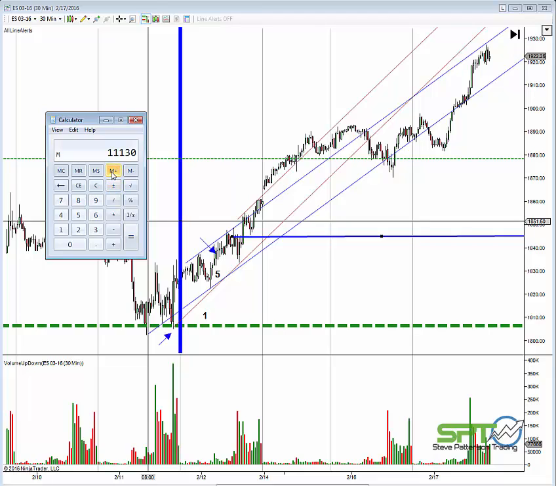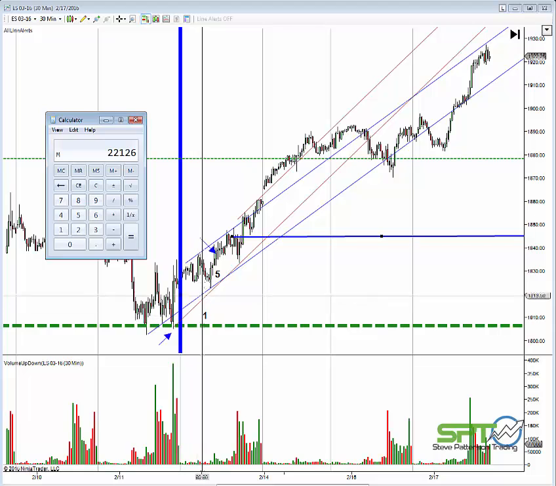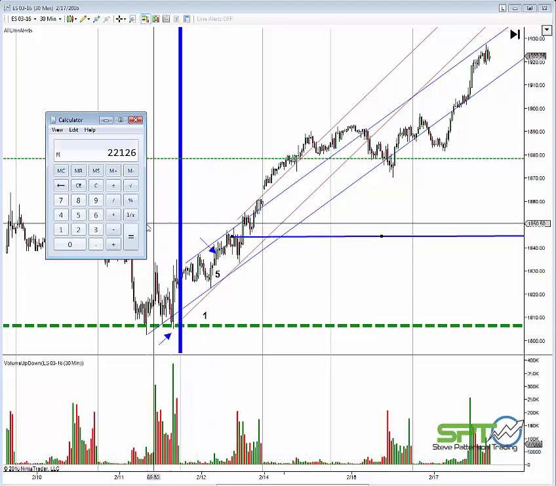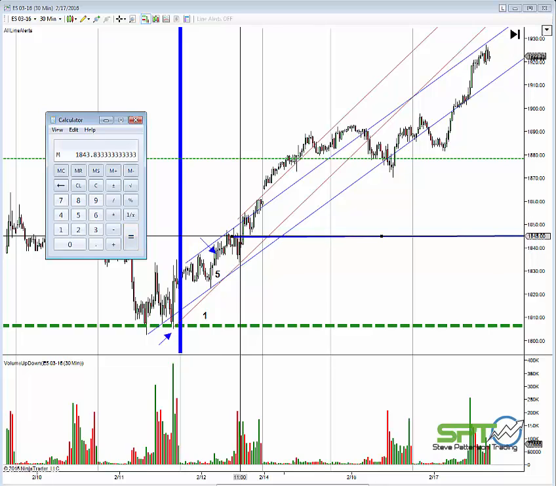And now I see there's my average right there, and I have 1, 6, 12. It's divided by 12. $184. Look at that, almost perfect. A little bit lower.